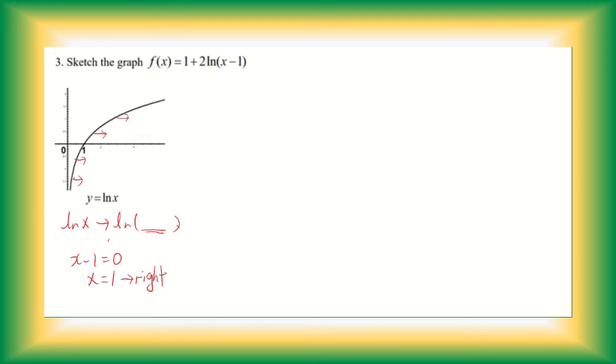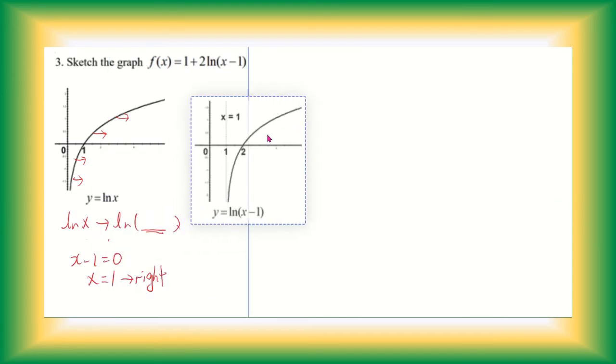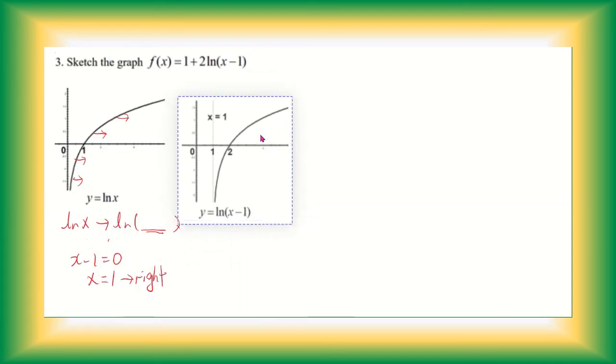After shifting, the new curve looks like this. Now we double check the critical point, the x-intercept. Before shifting, the x-intercept is 1. After the curve shifts to the right hand side for 1 unit, the new x-intercept becomes 2. Here we can see there is a dotted line. This dotted line is the vertical asymptote for the log function.